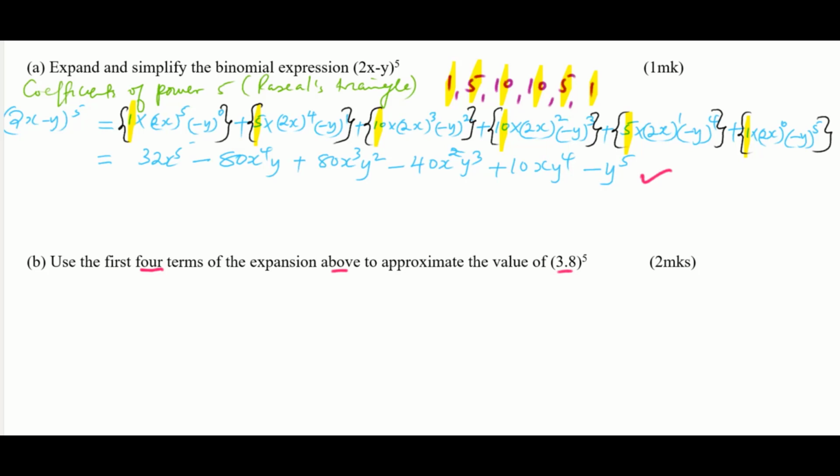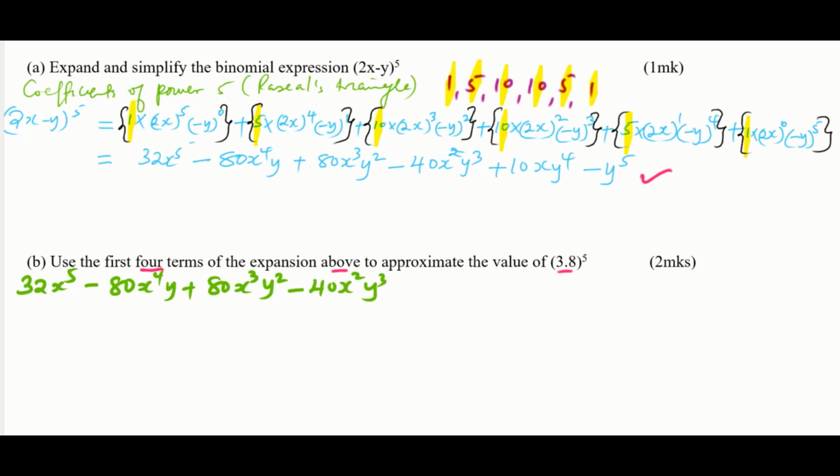So you can list them here: 32x raised to power 5 minus 80x raised to power 4 y plus 80x cubed y squared minus 40x squared y cubed. These are the first four terms, 1, 2, 3, 4. So we're going to use these ones to get our solution.